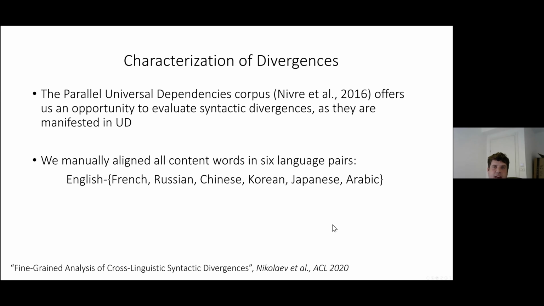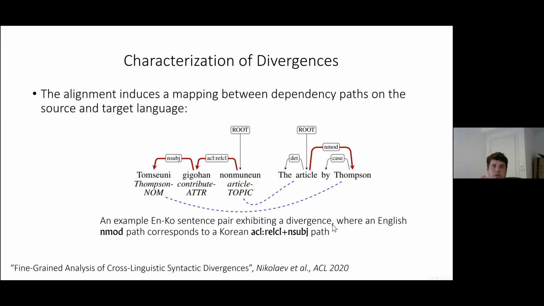And basically, our way to compare the syntactic relations between these 2 languages, or what constructions correspond to what constructions, was through dependency paths. So basically, we examine what is the joint distribution of dependency paths in one language and corresponding dependency paths in the other language.